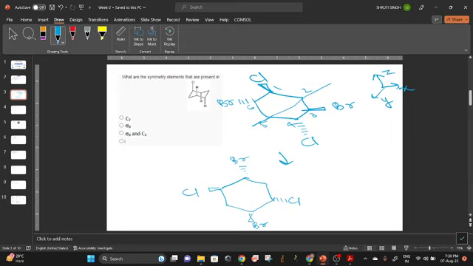When you flip it out of the plane, actually this one is when I flipped it out of plane. I turned it like this.